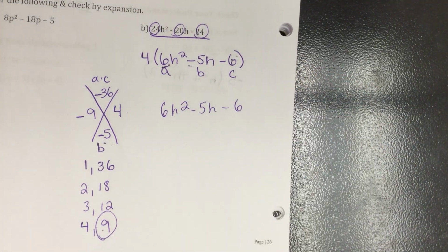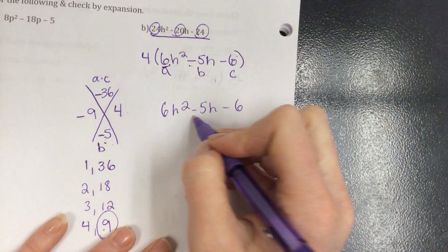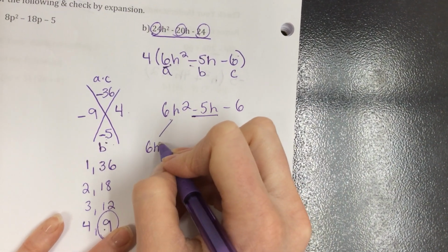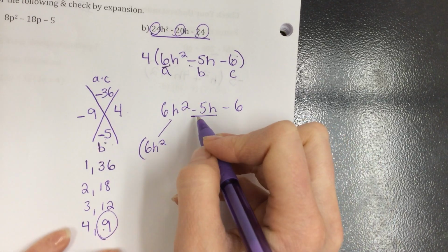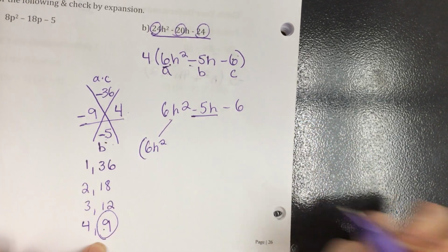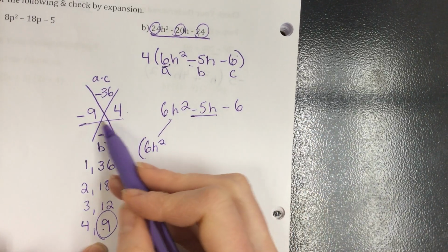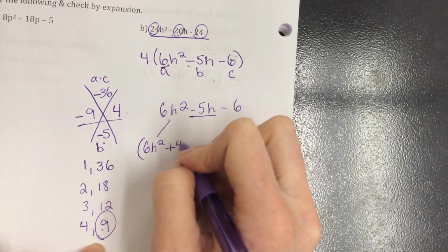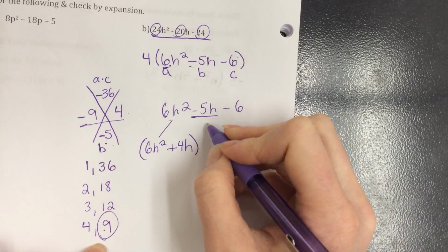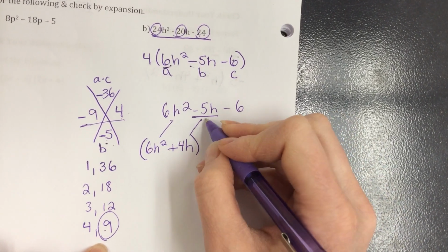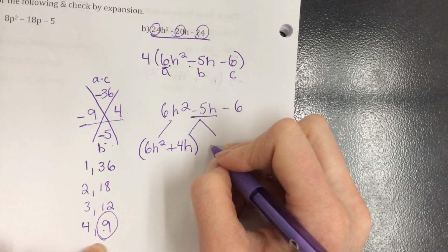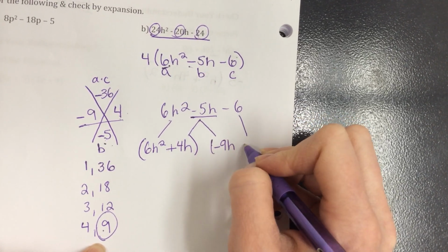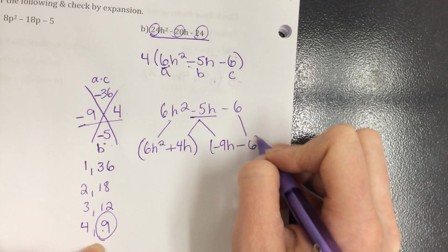So we're going to decompose this, our 5h, by splitting this off, 6h squared, and we've got to use our two factors now. So I'm going to put the 4 in here. And plus 4h, and I'm splitting that into 2. Then I have negative 9h and negative 6.